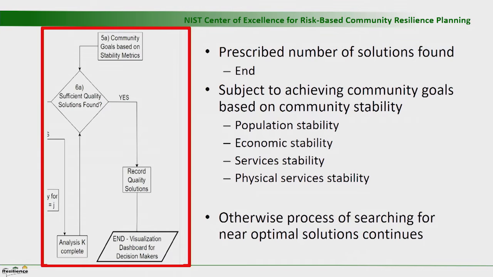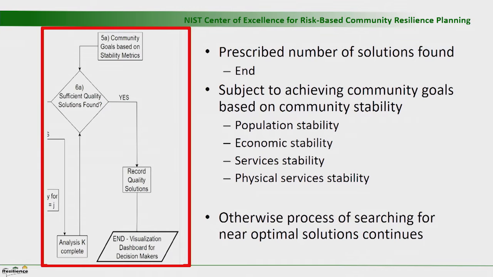So we have a prescribed number of solutions that we're looking for, and so these are near optimal solutions, and you'll hear about that in quite a bit of detail here in just a little bit in the supporting science portion. But the idea is that these are subject to achieving the community goals based on stability areas, and those are population, economics, services, and then also physical services.